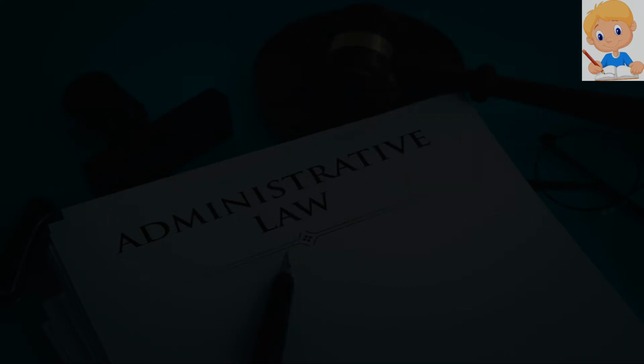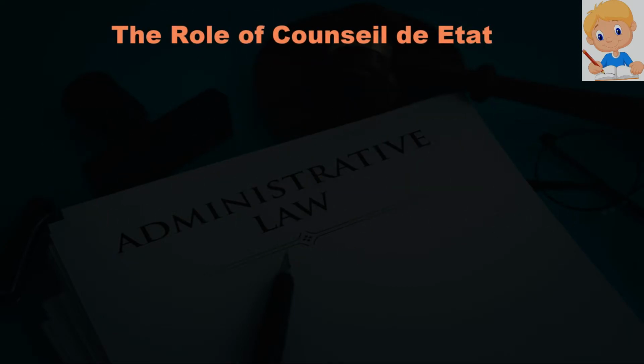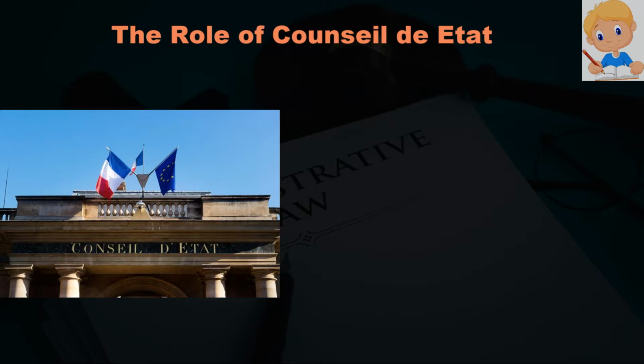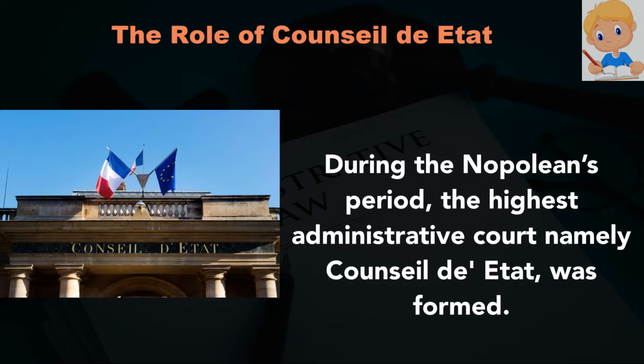Now the next subtopic that we have is the role of Conseil d'Etat. During Napoleon's period, as we have discussed, such a system was developed by Napoleon. The highest administrative court that he set up was named Conseil d'Etat. So it was the highest court.